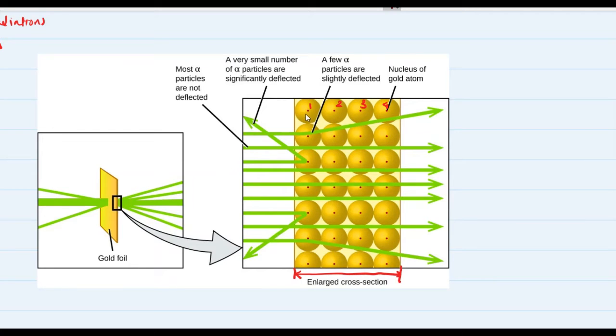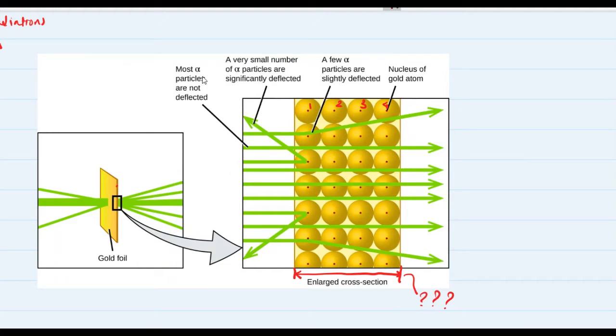Then the atoms placed side by side in a gold foil are only 4 or 5. So just imagine how small this thickness would be. Very small thickness. Okay, so we are just zooming into this small thickness and viewing it in a side view.